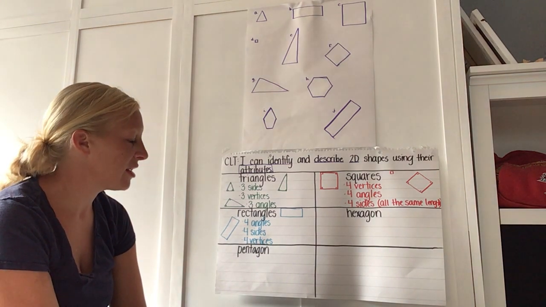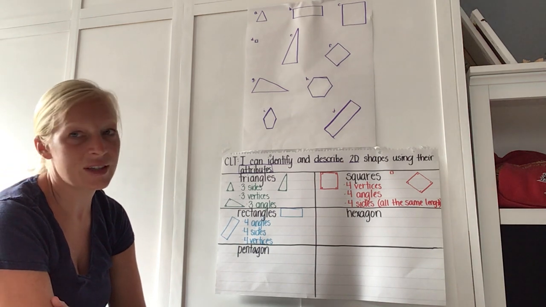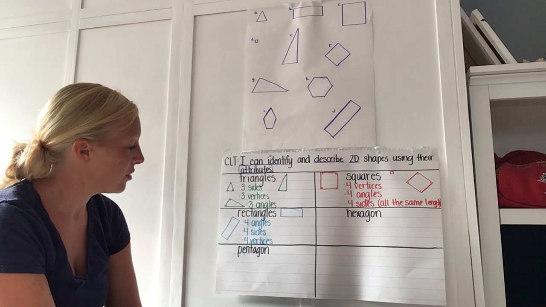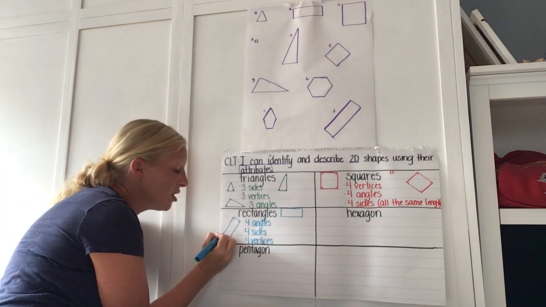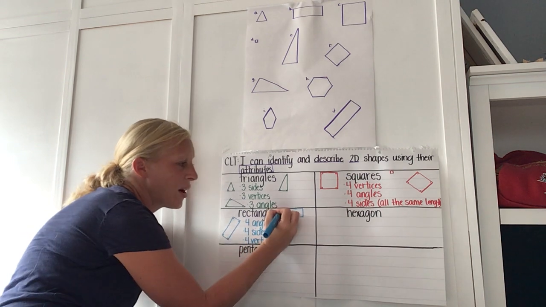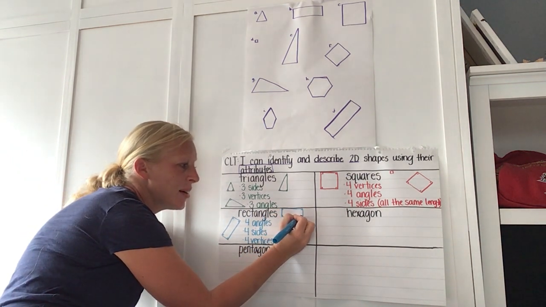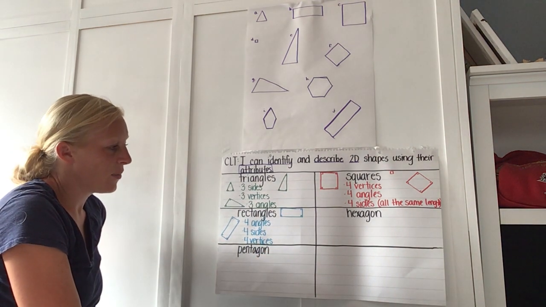What else do you know about the rectangle? What do you notice about those vertices? What do you know about those corners? We have square corners. I should say our angles are square, aren't they? When those two sides come together, they can form a square, okay?